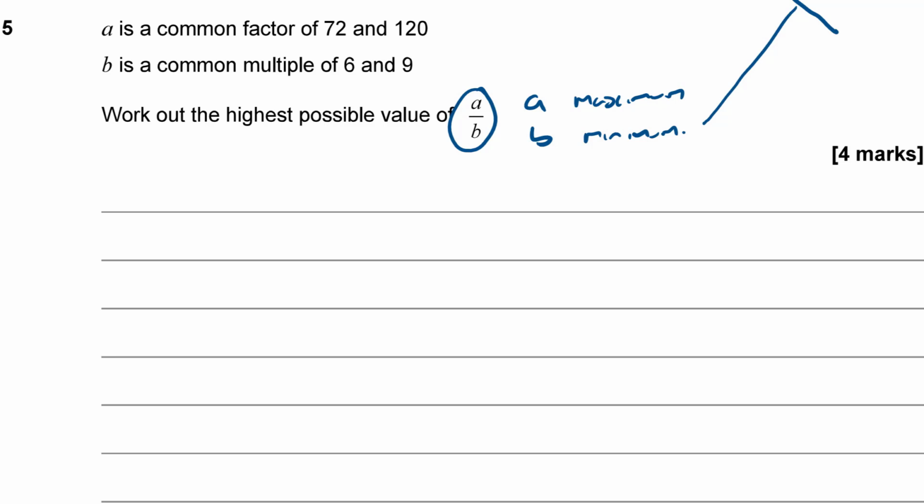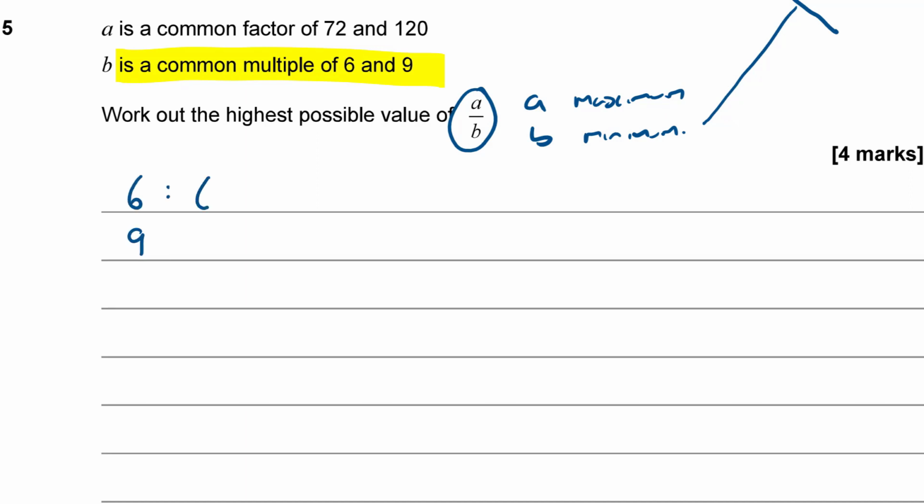So let's take B to start with then. I think that one's going to be easier. A common multiple of 6 and 9. If we want B to be minimum, we're actually asking for the lowest common multiple of 6 and 9. So let's think about the multiples of 6 and 9.